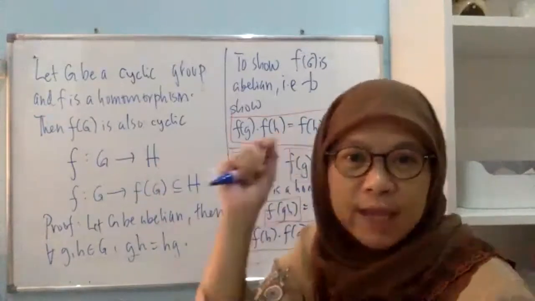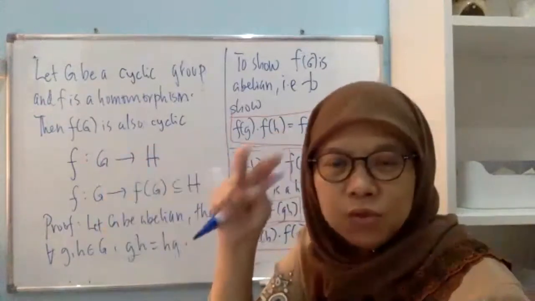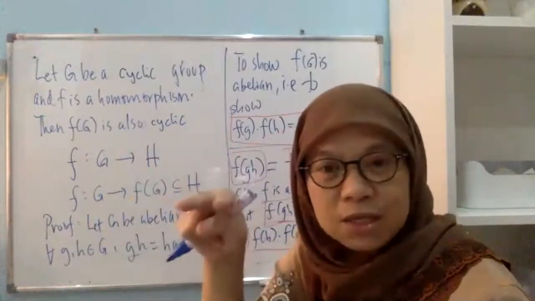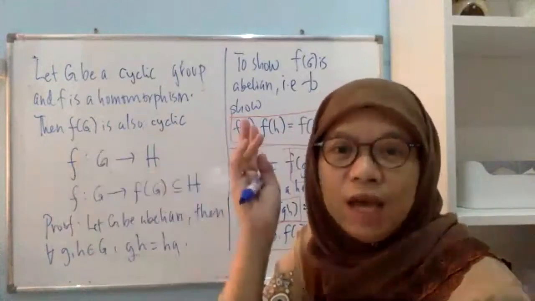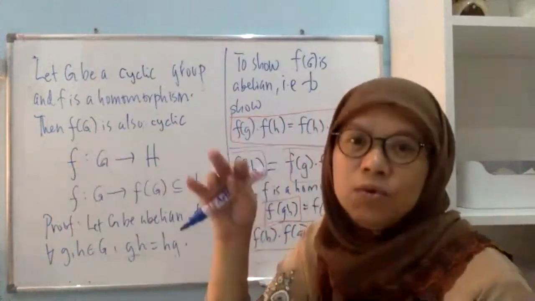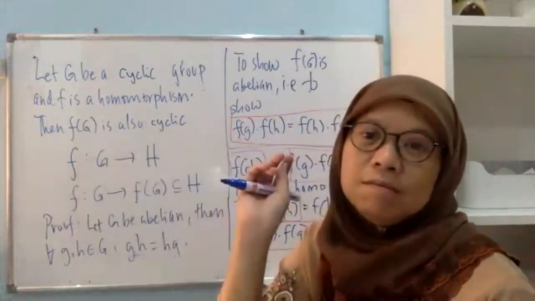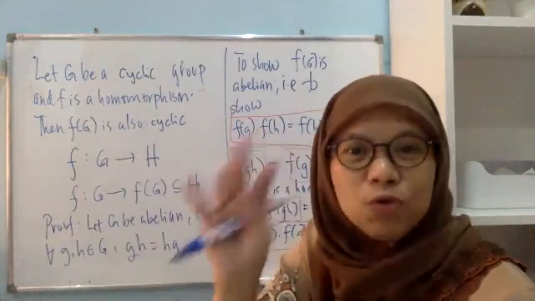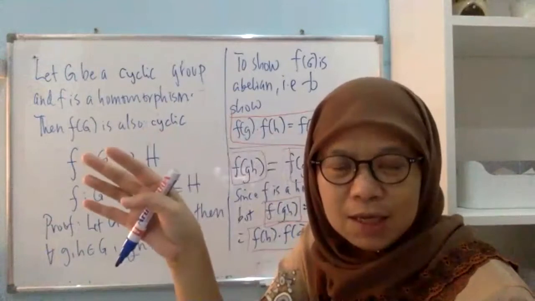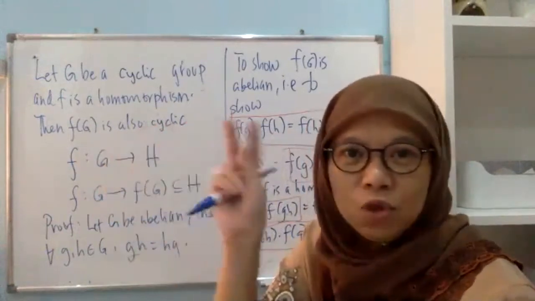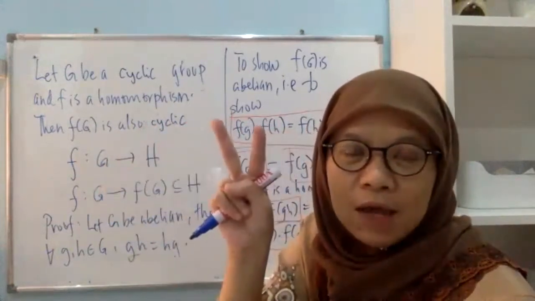I am not saying if there are two groups which are cyclic, they're isomorphic. No, I'm just saying if they are isomorphic, they have to have the same property. I'm not saying if two groups which are abelian have to be isomorphic.